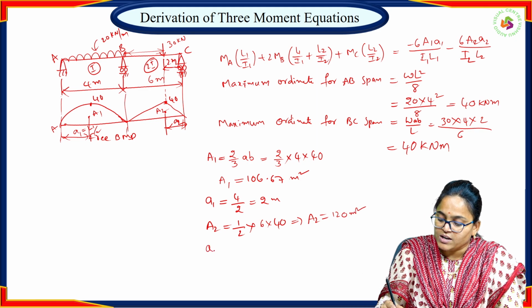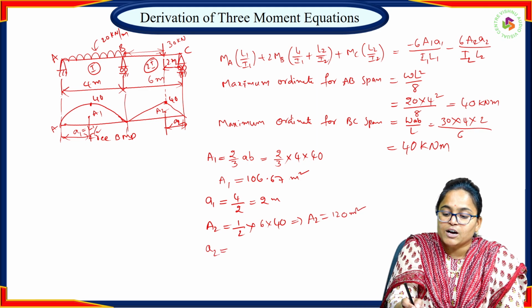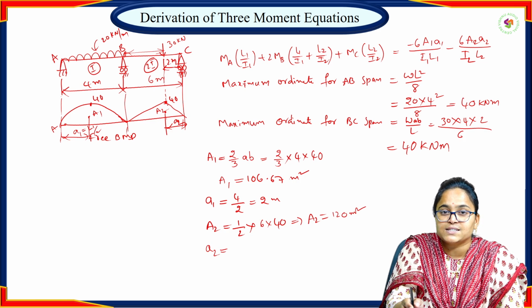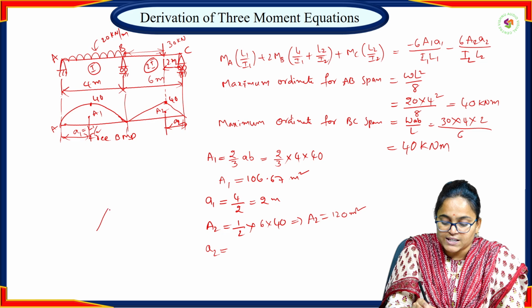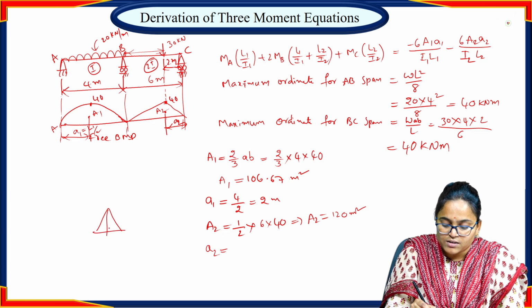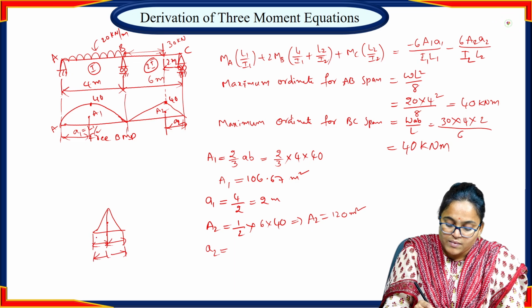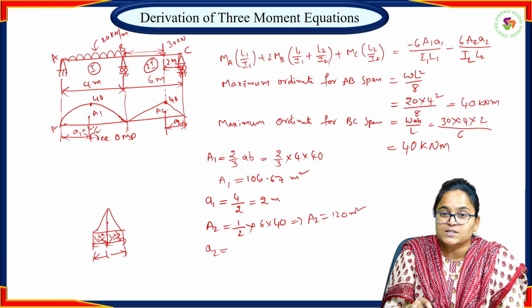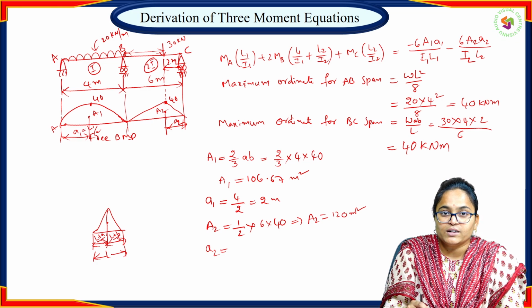Now we want small a2, that is the CG of area A2 from support C. This is an eccentric triangle. In case of an eccentric triangle, the CG is located from the left side at L plus A by 3, and from the right side at L plus B by 3. This is the center of gravity formula for an eccentric triangle.